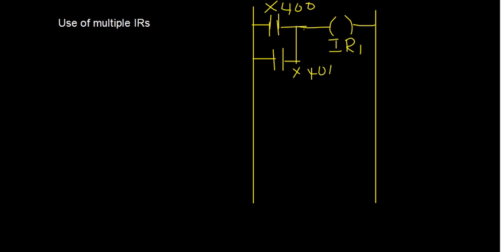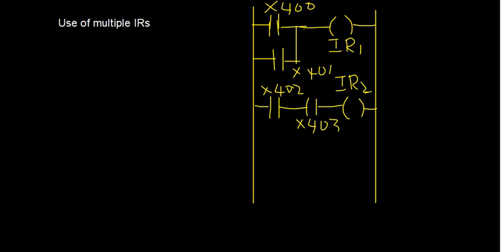Then in the next rung again I have one more input followed by one more input, both ANDed. Here I have my IR2, internal relay 2. So this happens to be X402 here, then this is X403.